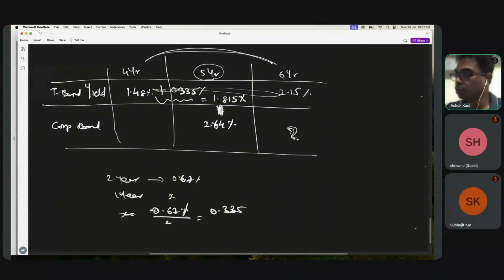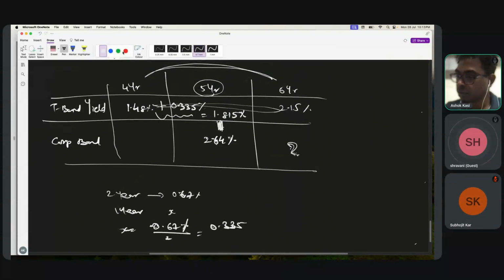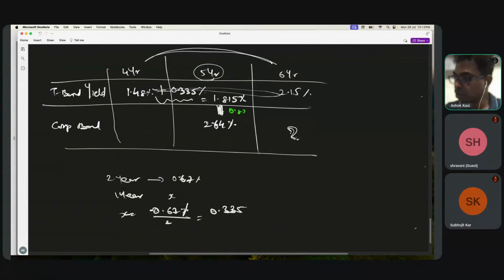Take the difference: 2.64 minus 1.815 is 0.825. So this is the spread. Apply the same thing here also, 0.825, proportionally. So 2.15 plus 0.825.